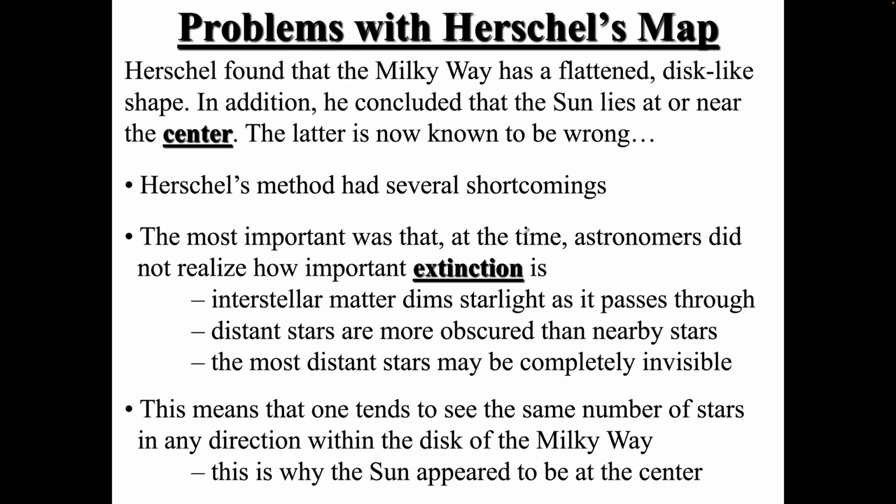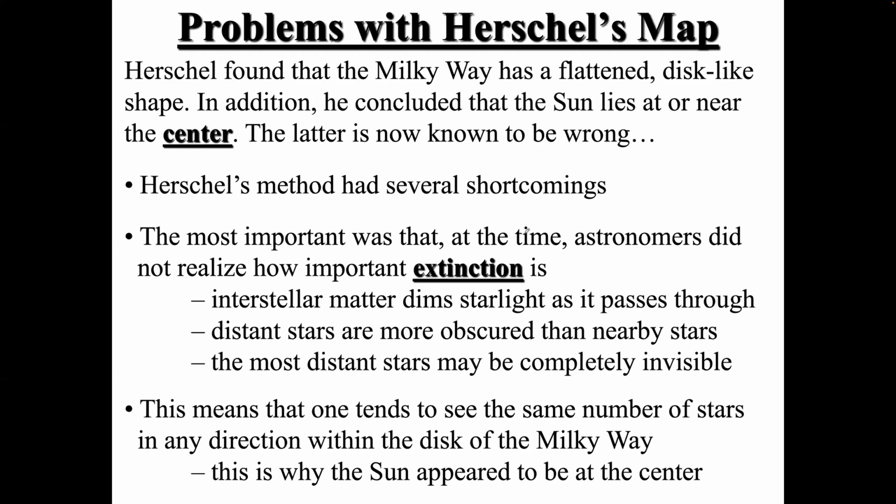And you know what happens to light when it has to go through gas and dust. What will happen is it will dim the starlight, so it will reduce the brightness, right? So basically, as a result of that, distant stars will be more obscured than nearby stars because they have to go through a large amount of interstellar matter, which is basically gas and dust.